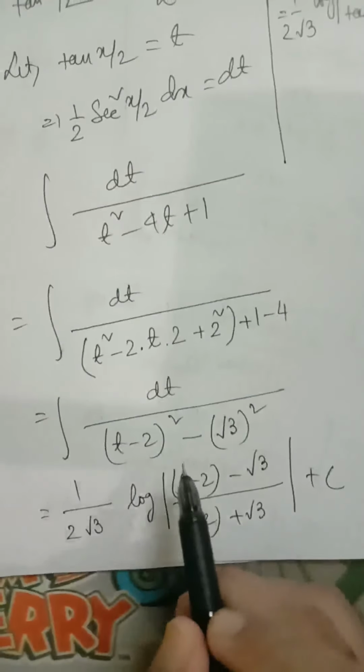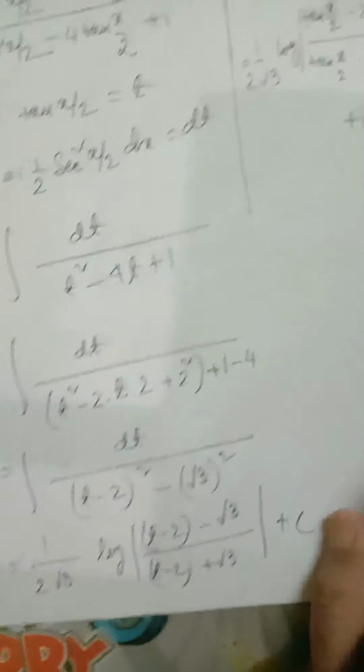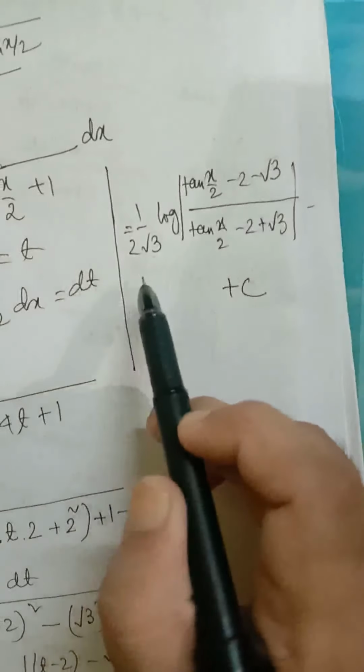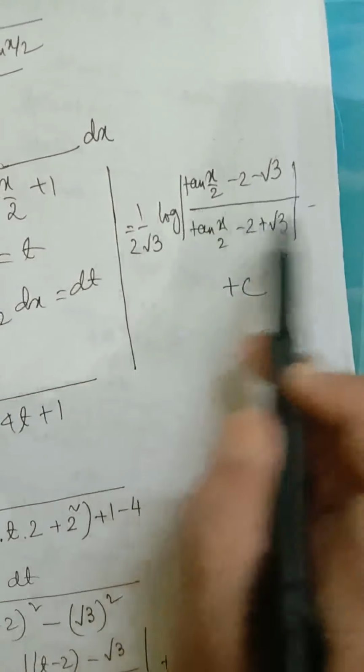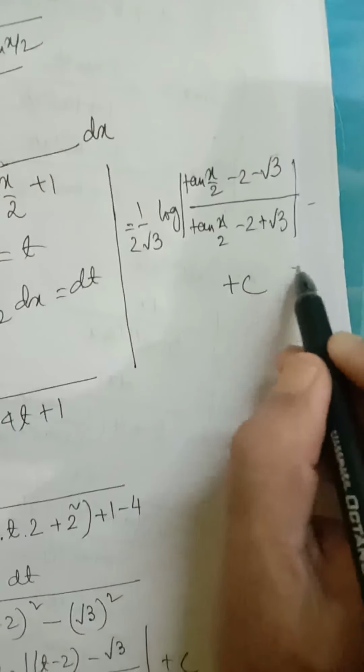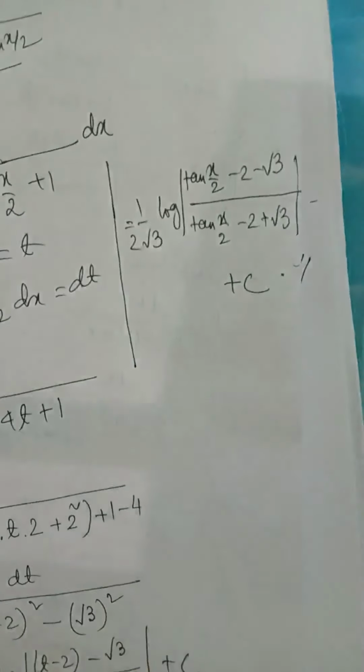So if we put t equal to tan x by 2, our answer will be 1 by 2 root 3 log of tan x by 2 minus 2 minus root 3 by tan x by 2 minus 2 plus root 3. So this is the answer.